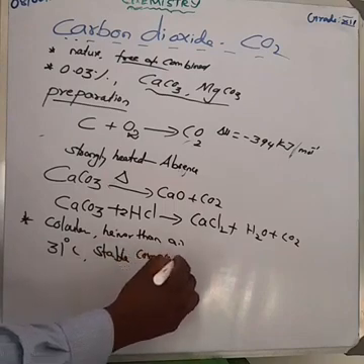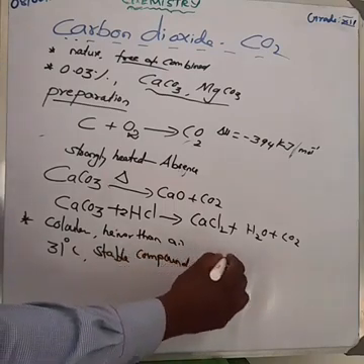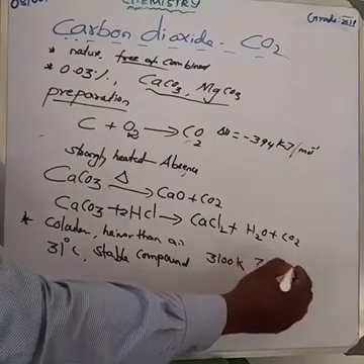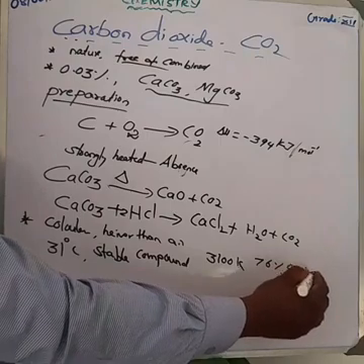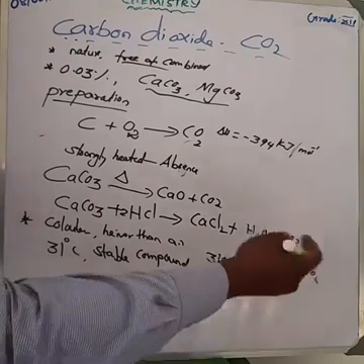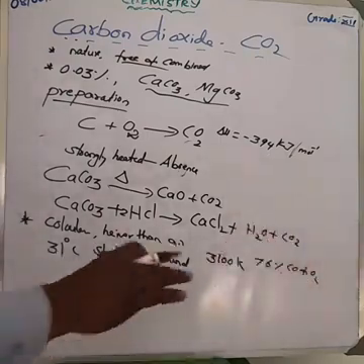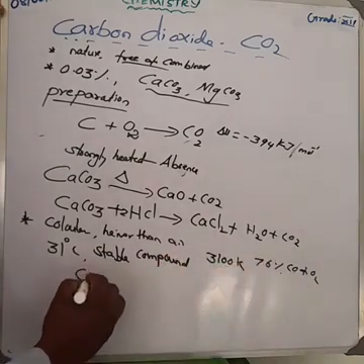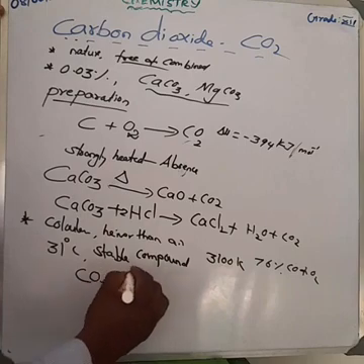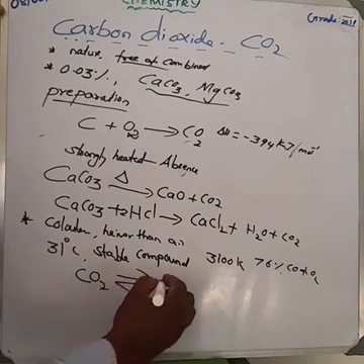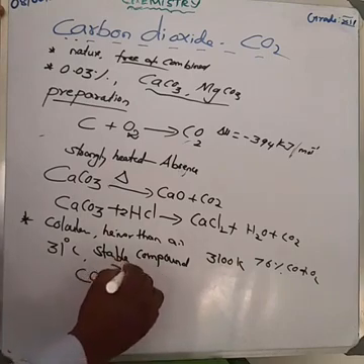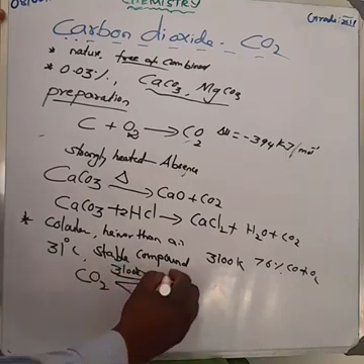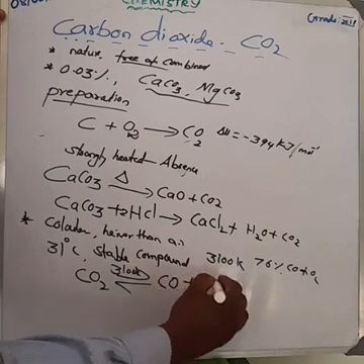Even at 3100 Kelvin, only 76% of carbon dioxide is decomposed to carbon monoxide. That is, carbon dioxide is converted into carbon monoxide and oxygen. That means at high temperature, 3100 Kelvin, 76% of carbon dioxide is converted into carbon monoxide and also oxygen.